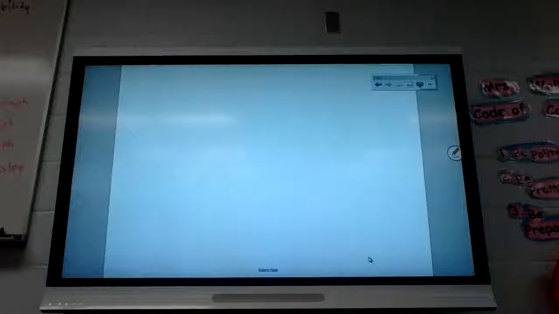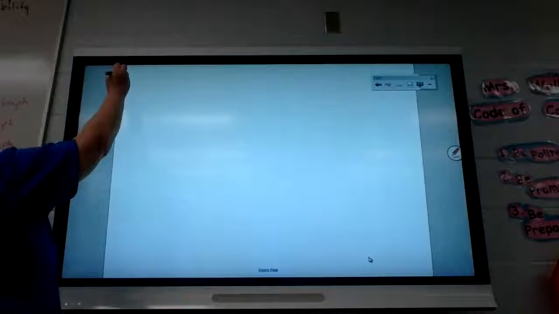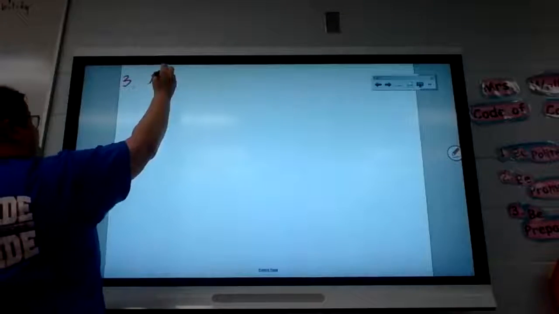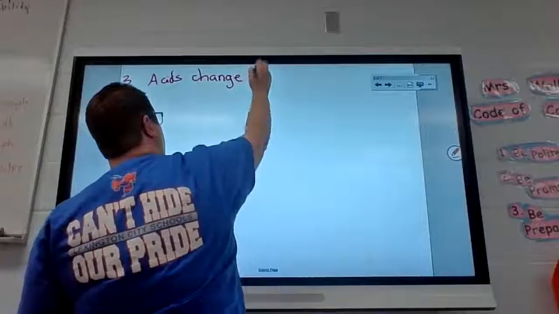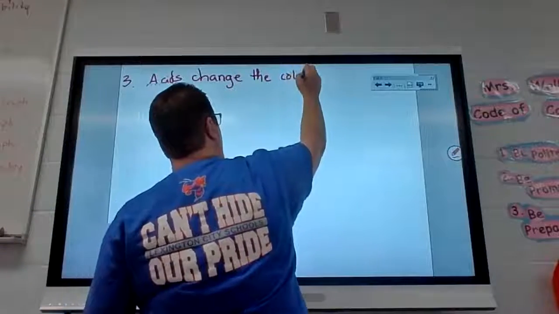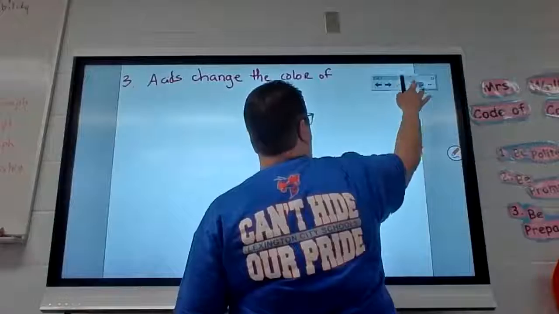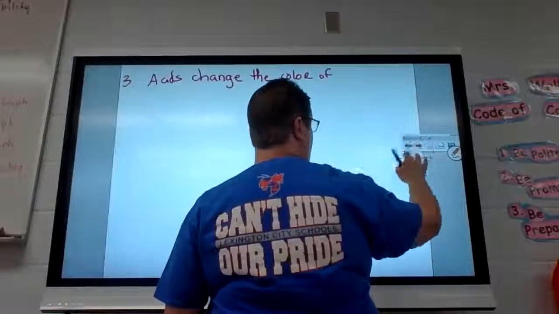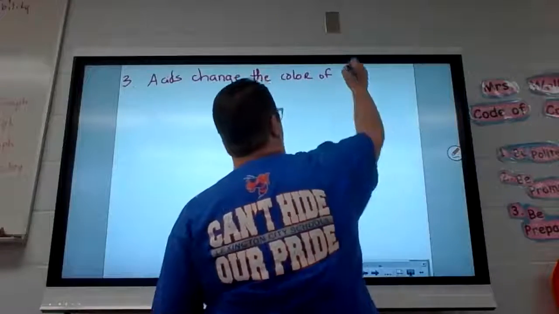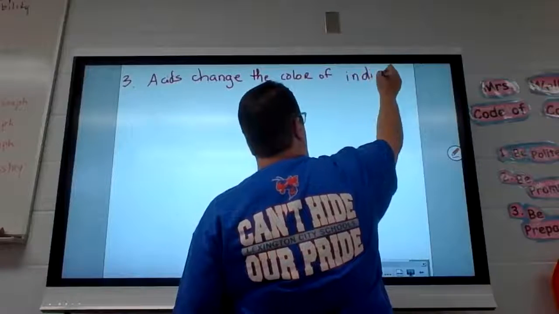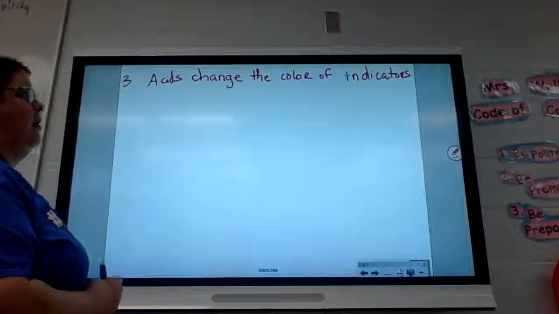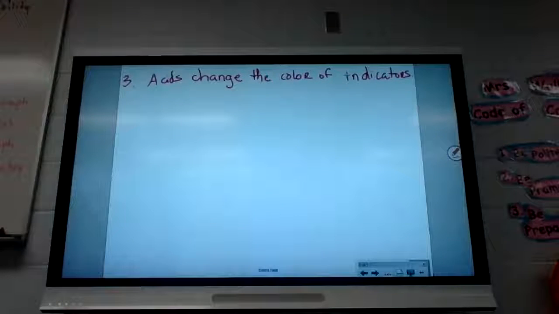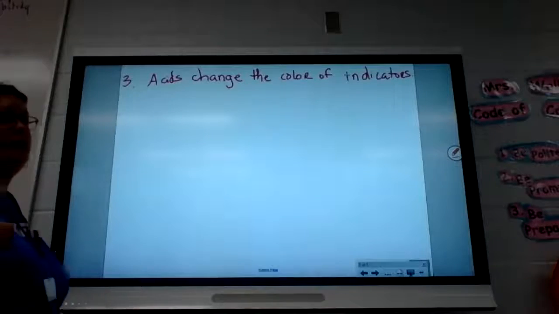All right, same for number 3. Number 3: acids change the color of indicators. There are essentially 4 that you have to know.